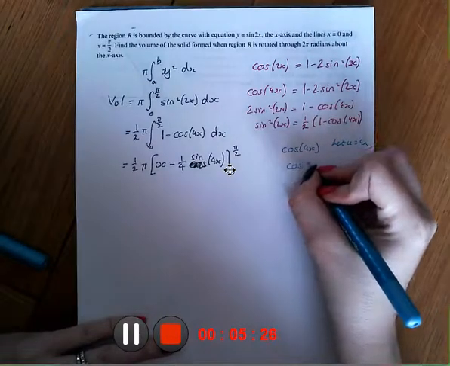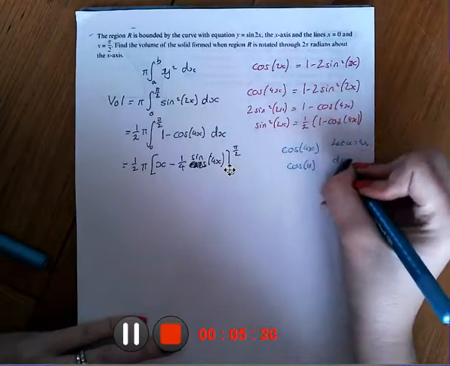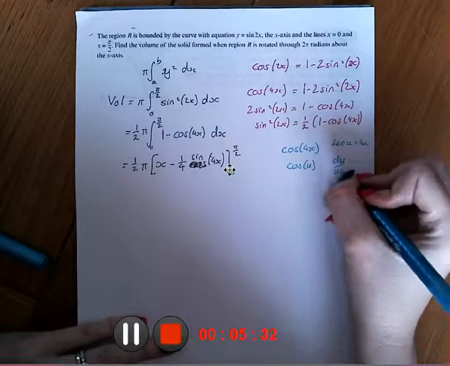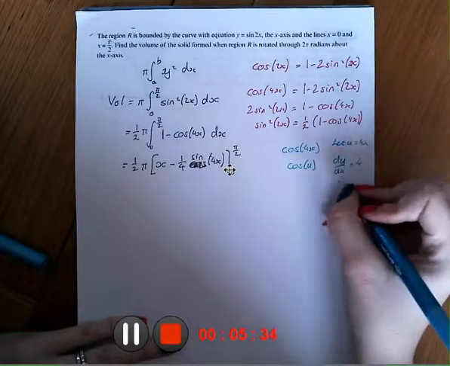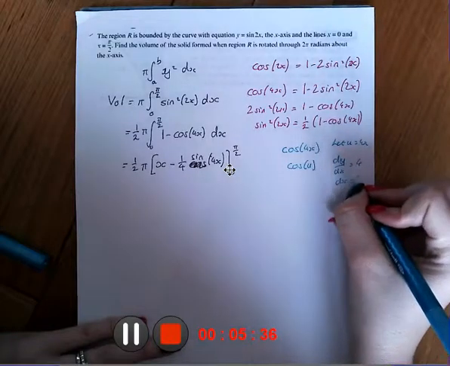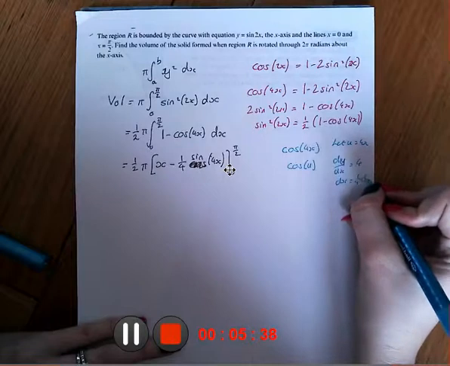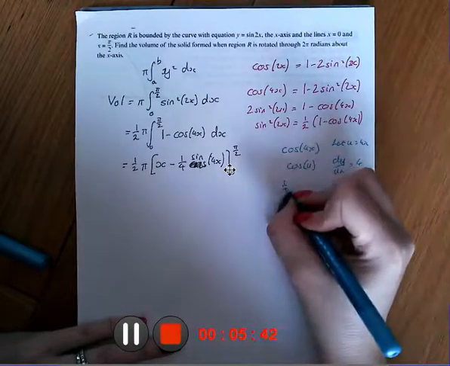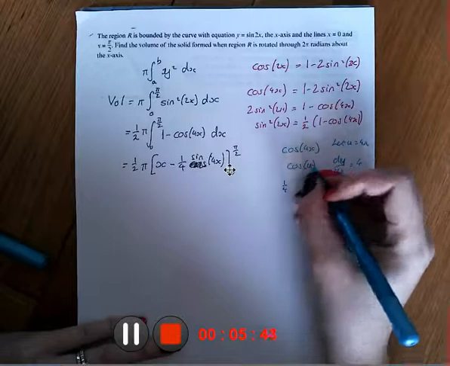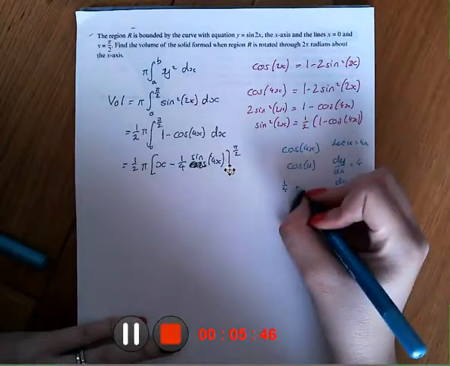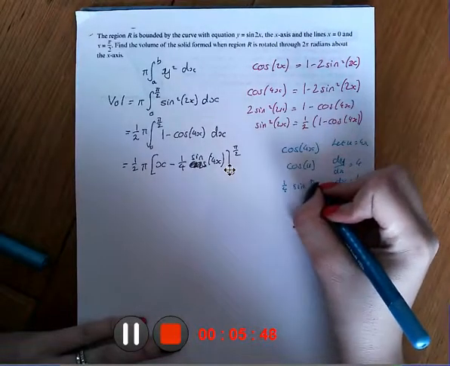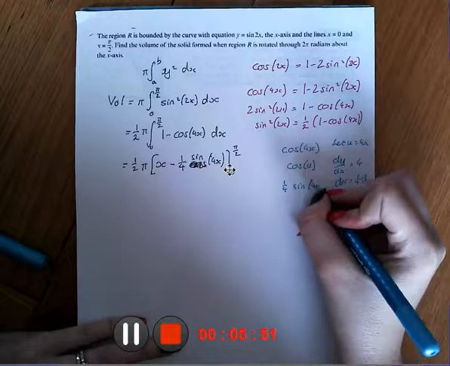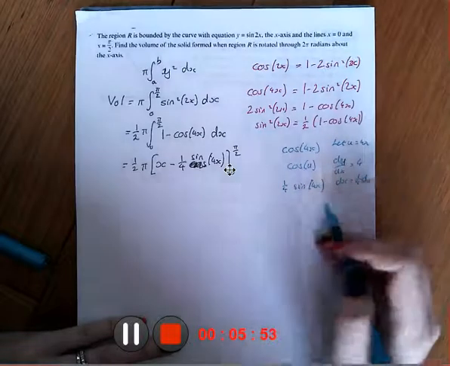So it'd be cos of u, du by dx is just equal to 4, so dx is equal to a quarter of du, which is why it ends up being a quarter of the integral of that. So it ends up being a quarter of sine u, which is a quarter of sine 4x.